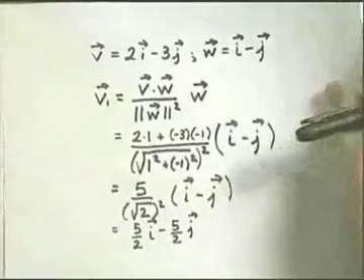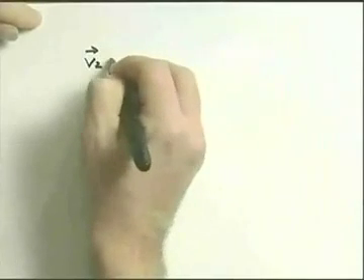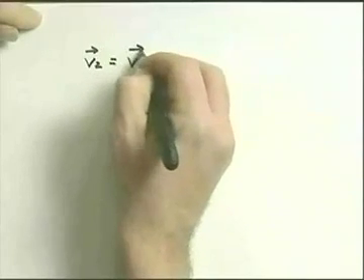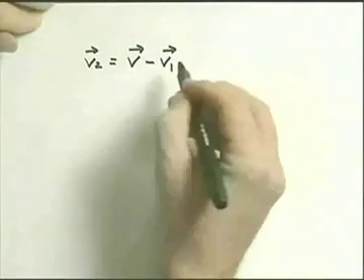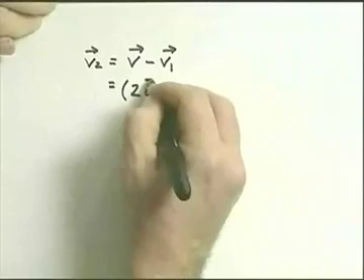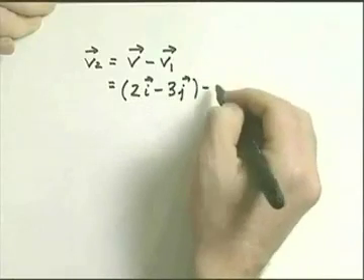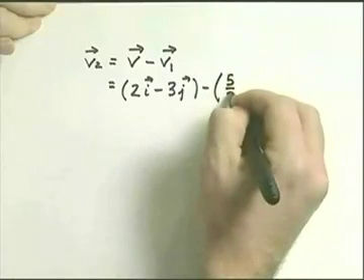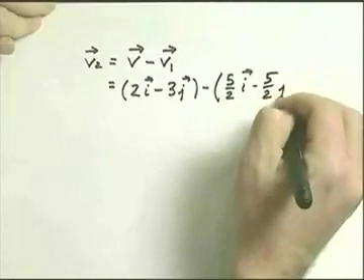Next, what we want to do is find the vector that is orthogonal to w. To find it, all we do is say that we have this vector v2, and it's going to be vector v minus vector v1. So vector v, recall, is 2i minus 3j, minus the 5 halves i minus 5 halves j.